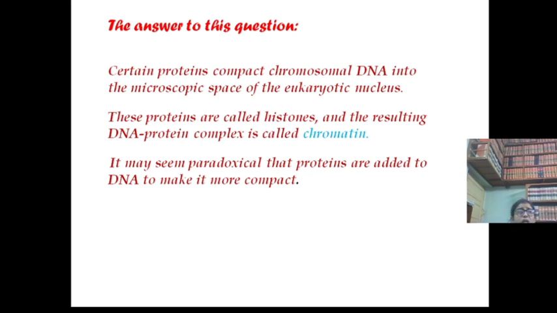A negatively charged protein will not bind to a negatively charged DNA because they will repel. So the first and foremost criterion of those proteins which will bind this DNA for compaction is that they should be positively charged. These proteins are called histones, and the resulting DNA protein complex is called chromatin.